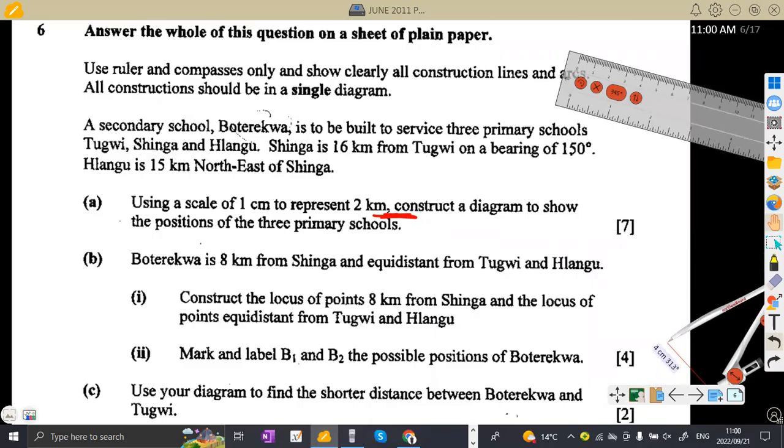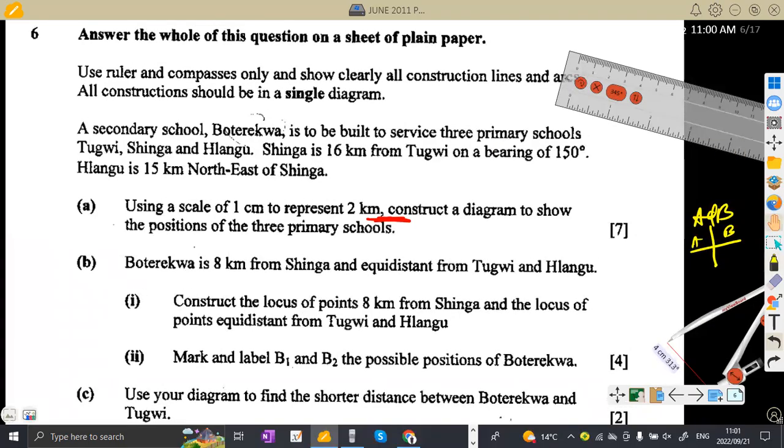Remember, guys, locus of points equidistant from A and B. I told you, you bisect the line. A and B, it's only a line, so you bisect the line. So it's the same, Tugu and Klang. These are points which are on a line. So you simply bisect from Tugu to Klang. Okay. So you're going to have a line, so you bisect from that one. Okay. I want that diagram. It's somewhere here. Where is it?